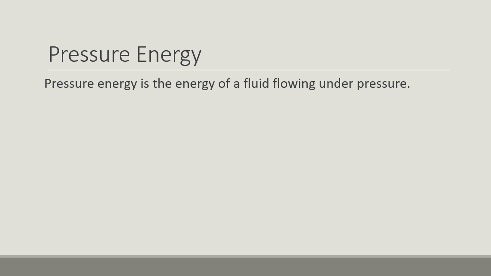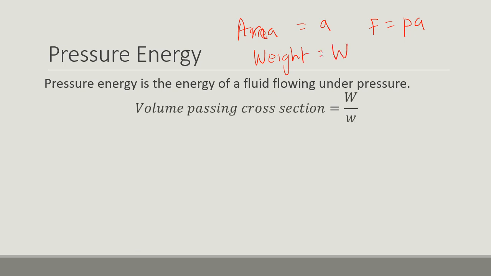So if the area of the cross section is A, the force due to the pressure P on the cross section is PA, and if the weight is W, the volume passing through the cross section will be W over w, that is weight over specific weight.